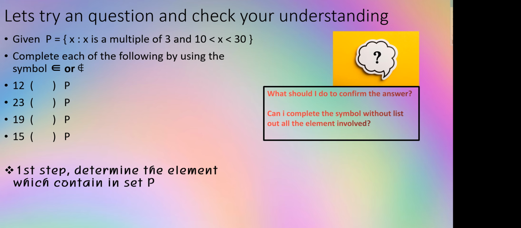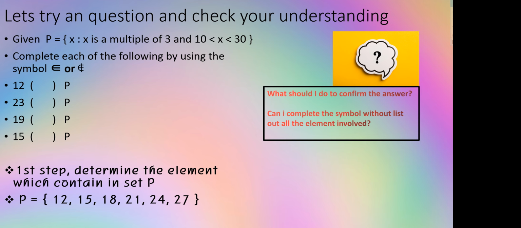The first step, we will determine the elements which are contained in the set P. Since they tell us they want the multiples of 3 which are more than 10 and less than 30, these are the numbers inside the set P: 12, 15, 18, 21, 24, and 27. By listing out all the elements inside the set P, now girls, can you answer the questions?